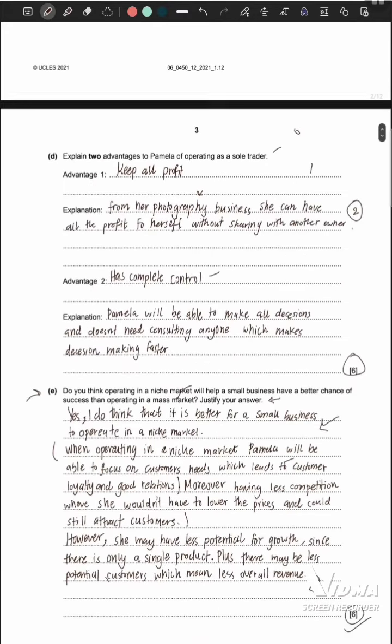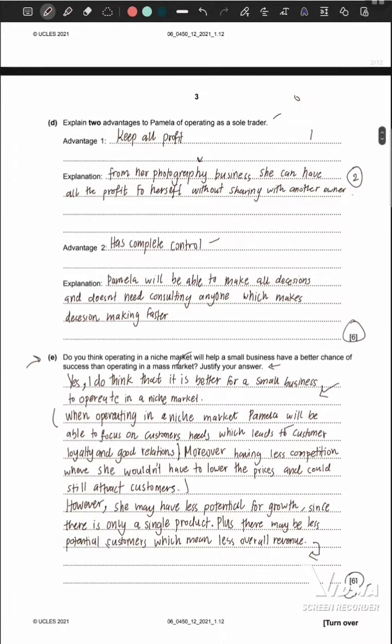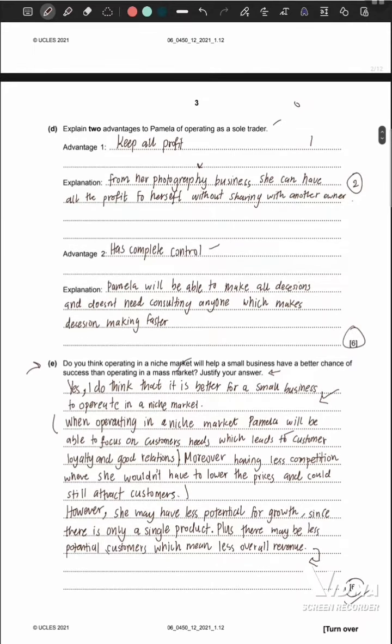If you're just providing one product, and maybe your customer range is not that big, yes, you're securing your customer, and yes, you're attracting them, but there are not many of them. So as time goes, your revenue will not be as high, and you'll have less potential for overall business growth, which may be a downside.